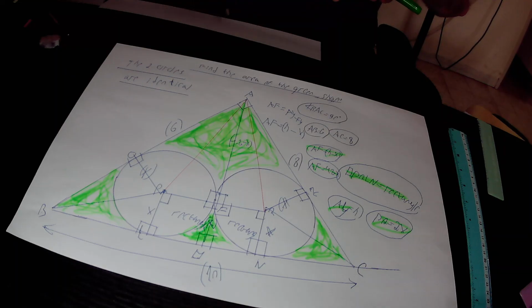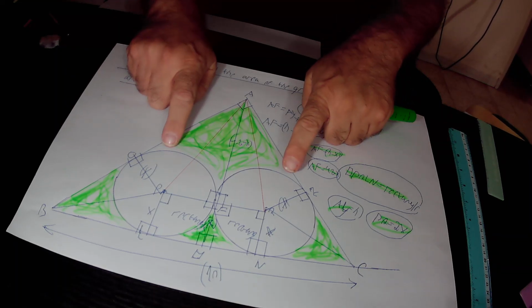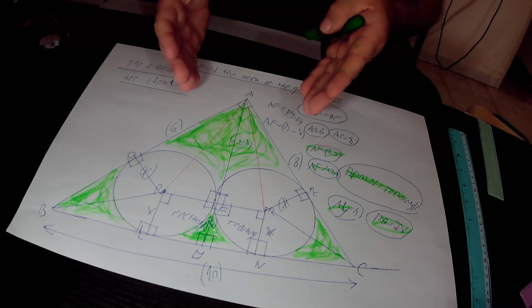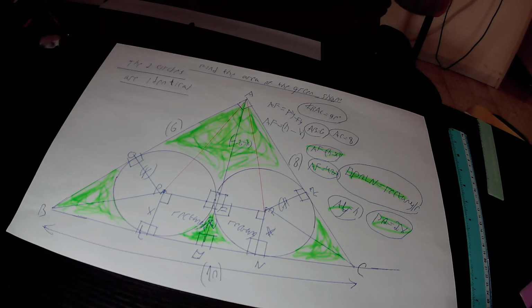But because those two circles are identical, they must also have the same areas. Therefore, the area of those two circles in total must be equal to 2 times the area of one circle, that is pi x squared times 2.